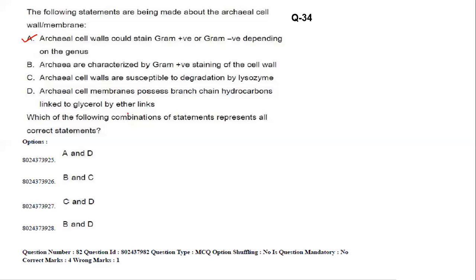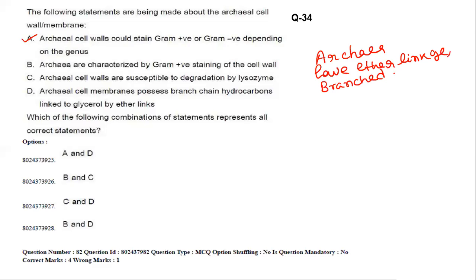In case of archaea, they have ether linkage, branched aliphatic chain in their membrane lipid.